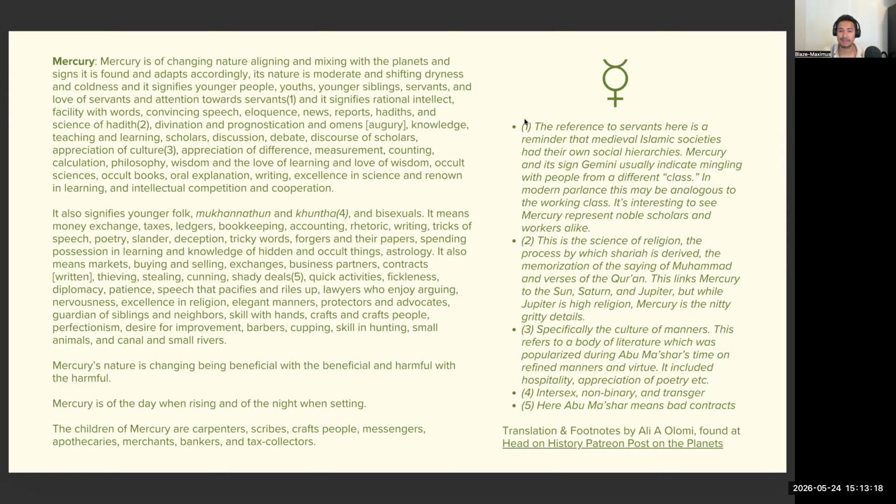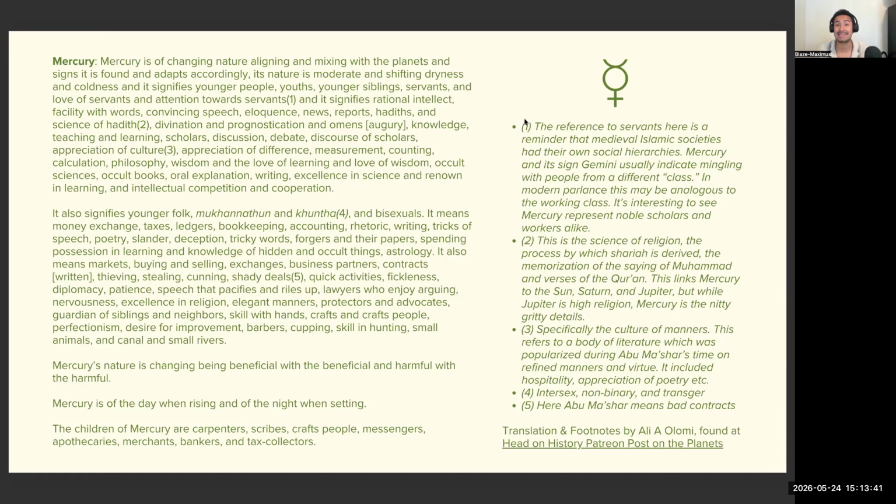But also the science of hadith, which is the science of religion, and it is the process by which the Sharia is derived. When people talk about the evil Sharia law, stupid racist, but yes, Sharia law here is derived from the science of religion, the science of hadith. This is the sayings of the Prophet Muhammad and the verses of the Quran.